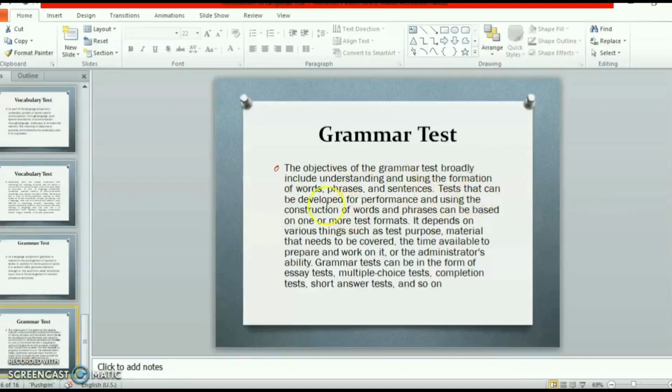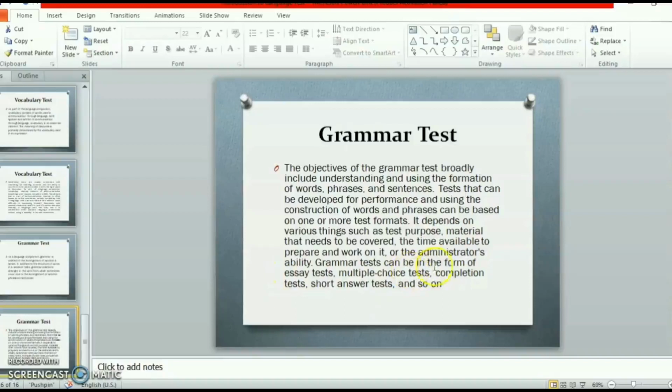Tests that can be developed for performance and using the construction of words and phrases can be used in one or more test formats. It depends on various things such as test purpose, material that needs to be covered, the time available to prepare and work on it, or the administrator's ability.